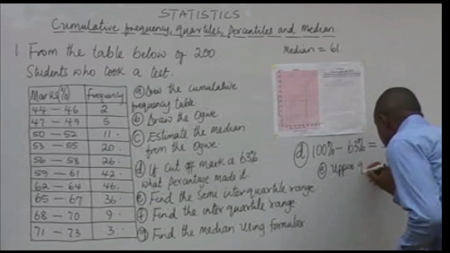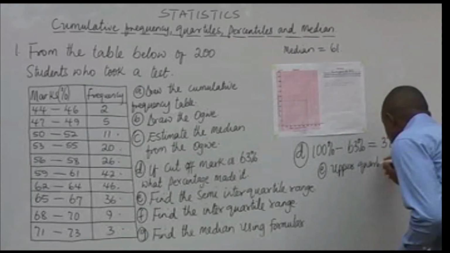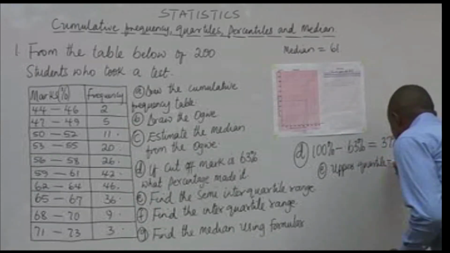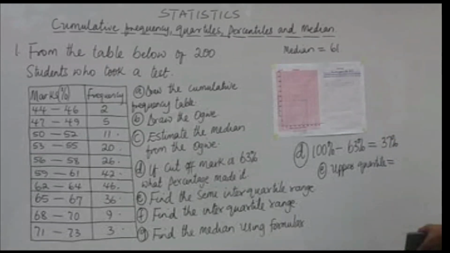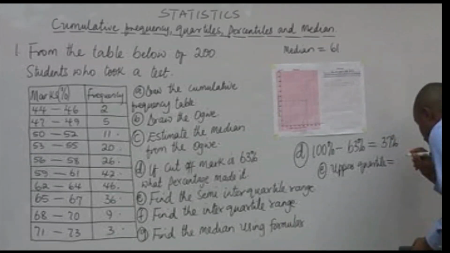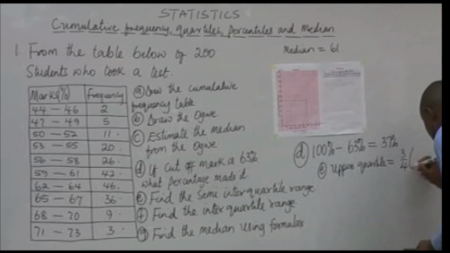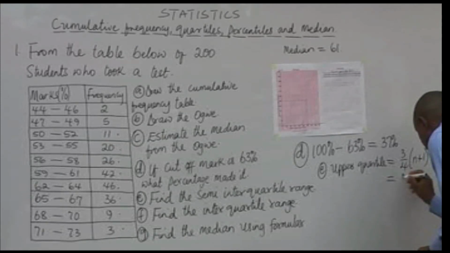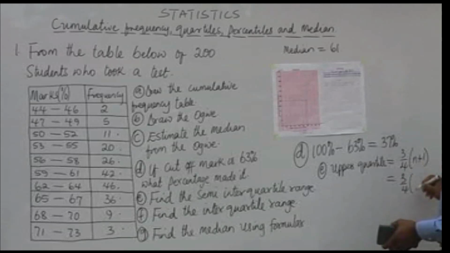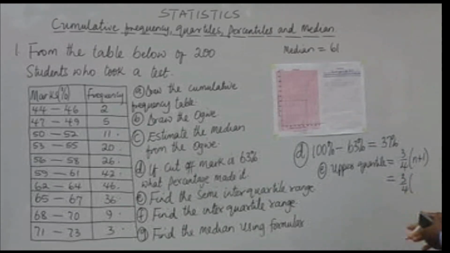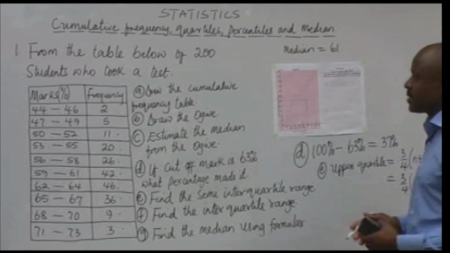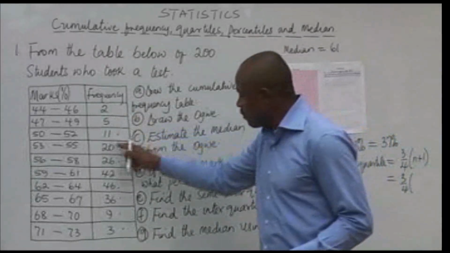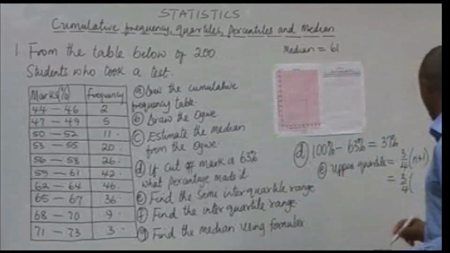Upper quartile is equal to 3/4 (n plus 1). Our n is the sum of frequencies, the addition of all these numbers, which gave us 200.